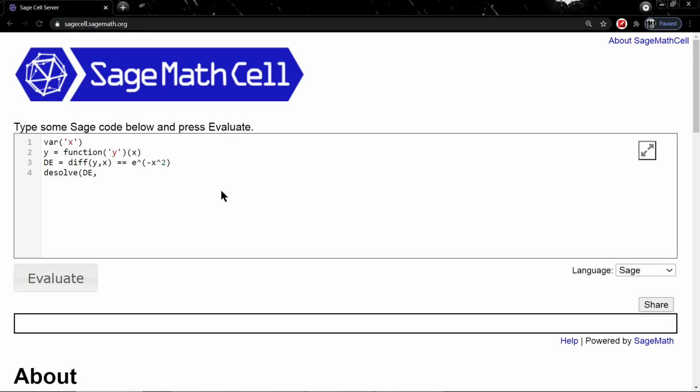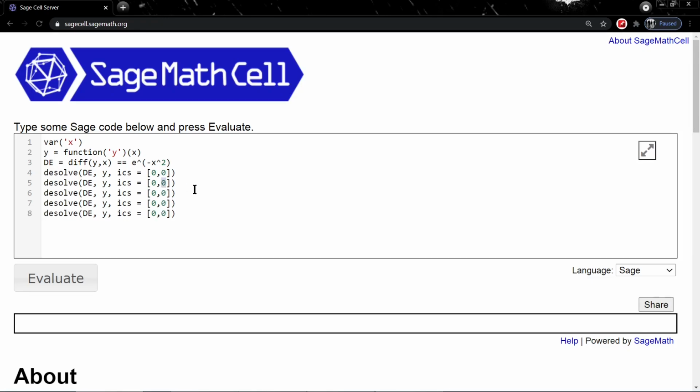Now we have the dependent variable which is y and the initial conditions, ICS equal to, in square brackets, the first initial condition is 0 comma 0, that is for x value 0, y value is 0. Now this command can solve the differential equation. However, we have 5 more initial conditions, so we are going to copy and paste this 5 times.